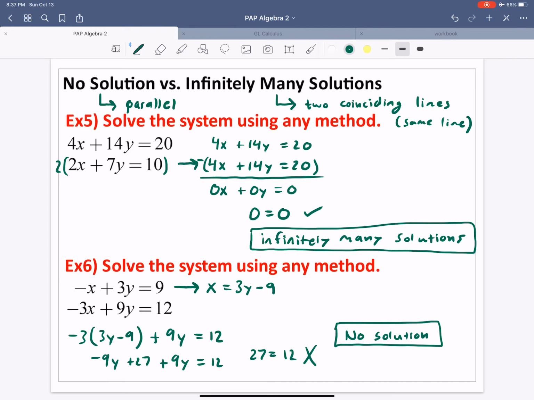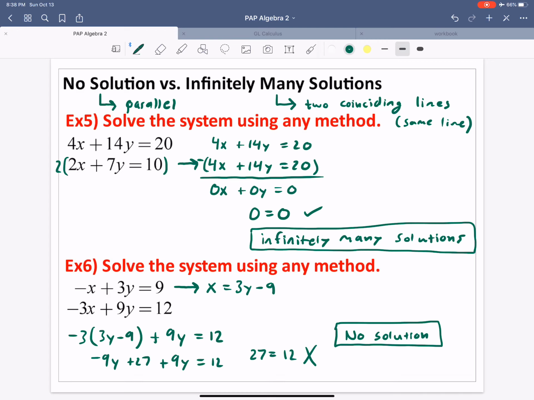So that in a nutshell is solving systems of equations with two variables. Again, to summarize, you can graph the two equations and find the intersection point. You can use the method of substitution, where you solve for one variable and then plug that into the other equation. You could also use the method of elimination, where you eliminate one of the variables first and then solve.